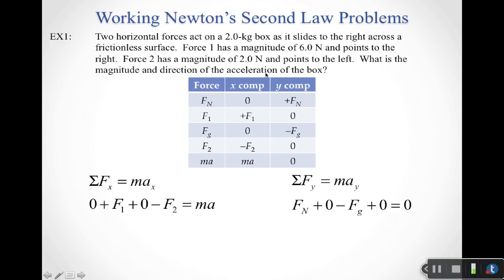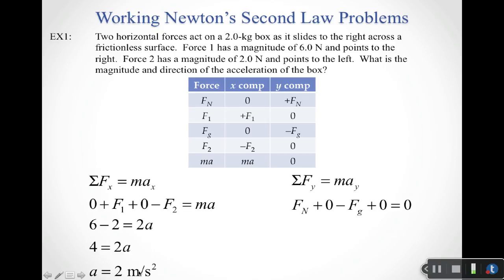In this case, what I'm asked for is the magnitude and direction of the acceleration of the box. And I look at it and say, well, this equation doesn't include the acceleration. This equation does. And since I know the value of these other two forces and the mass of my box, it's easy enough to take this equation and solve for a. So I'm just going to plug in 6 minus 2 equals 2 times a. So I get 4 equals 2a. a is just 2 meters per second squared.